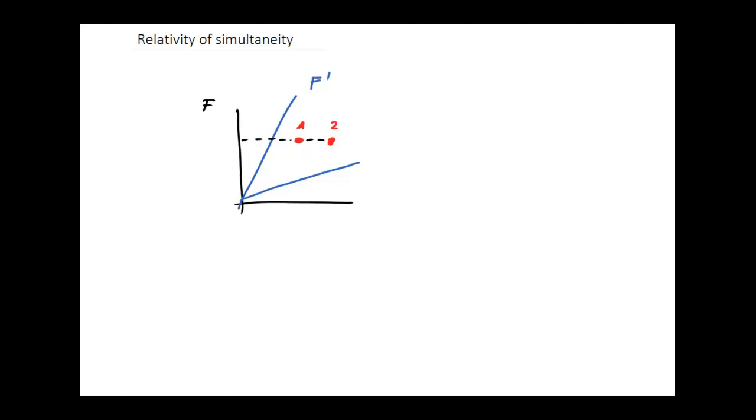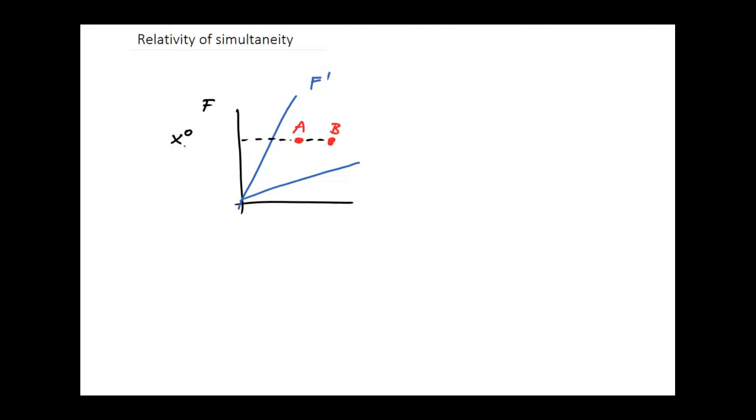We measure the same time coordinate, x naught, of the first event, or maybe I should call them A and B rather than 1 and 2. Let me call them A and B.